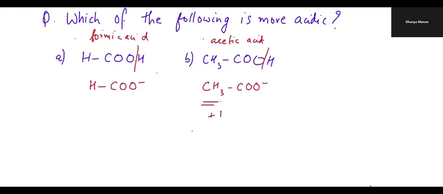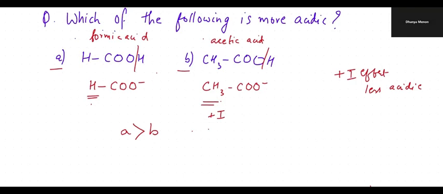So if plus I effect is there, that means less acidic. Here there is no effect because hydrogen is just taken as a reference. So comparing A and B, A is more acidic than B, right? Because here there is no effect, here there is plus I. If there is plus I effect group, it will reduce the acidity, less acidic.